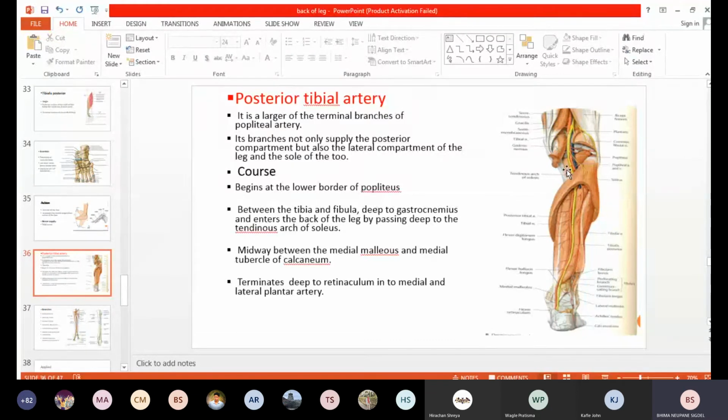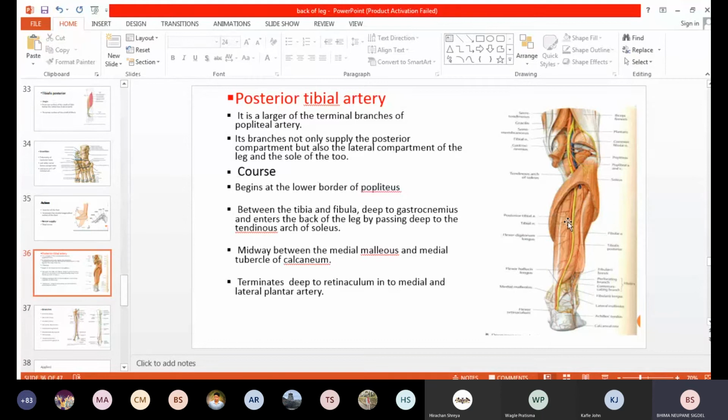As I just mentioned, beginning from the lower border of the popliteus muscle, it goes downward in the posterior compartment of the leg between the tibia and the fibula. Here we have removed the gastrocnemius, so it lies beneath the gastrocnemius and enters the back of the leg from the tendinous arch of the soleus.